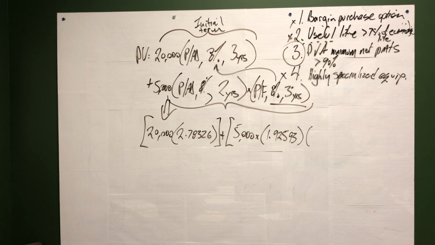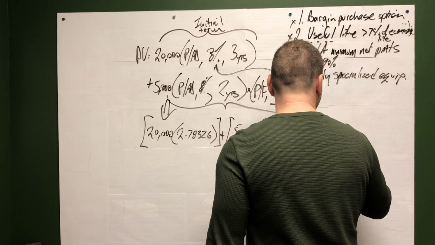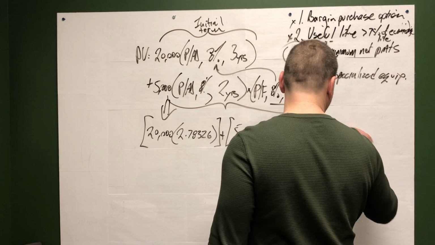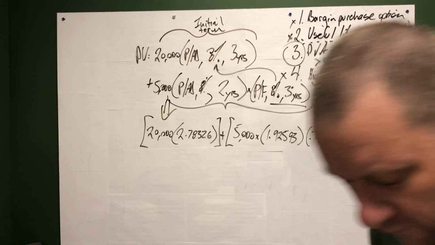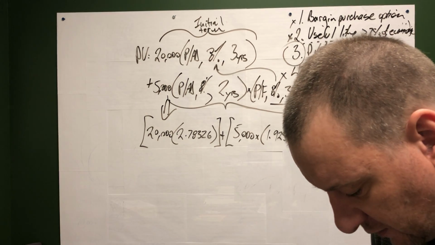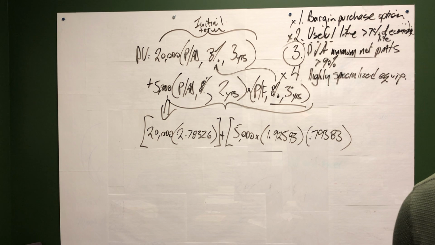Now we'll go 3 years at 8%, which is 0.79383. I mean, we're doing it the long format, but we should get the same calculation that the textbook gets on page 1252.